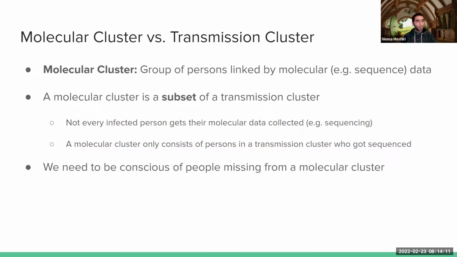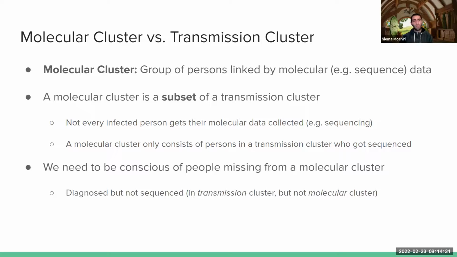What's really important, and I think sometimes folks miss this if you read papers related to molecular epidemiology, is that we really need to be conscious of missing data. We have to be conscious of people that are missing from our molecular cluster.